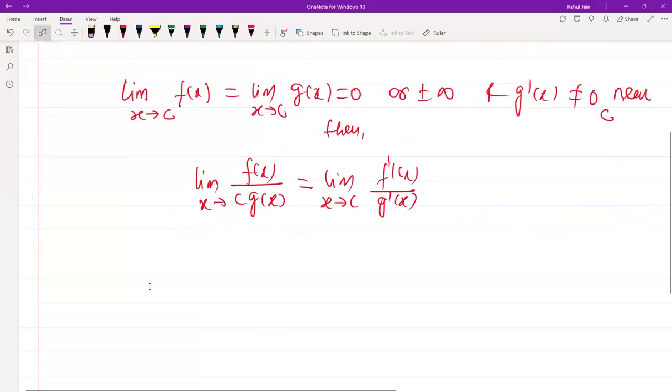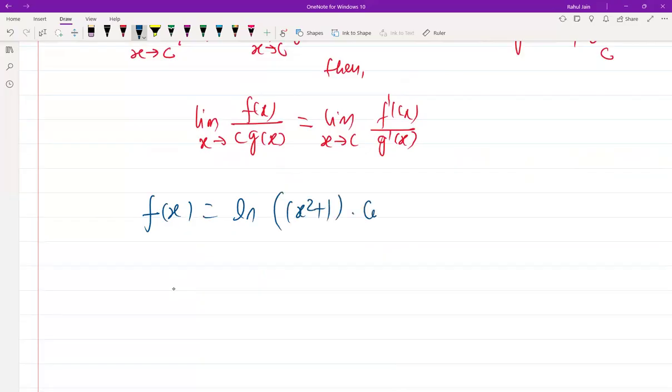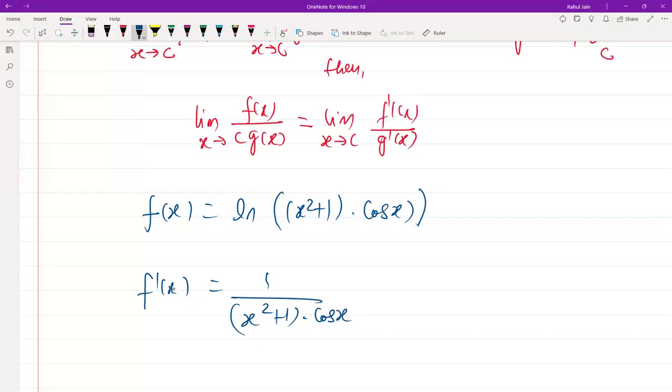Now let's find the derivative of the numerator and denominator. So let's do it. f(x) equals ln(x square plus 1) into cos x, and if I figure out the derivative, I get 1 divided by (x square plus 1) into cos x into the derivative of (x square plus 1) times cos x, plus (x square plus 1) as a constant and the derivative of cos x, right?